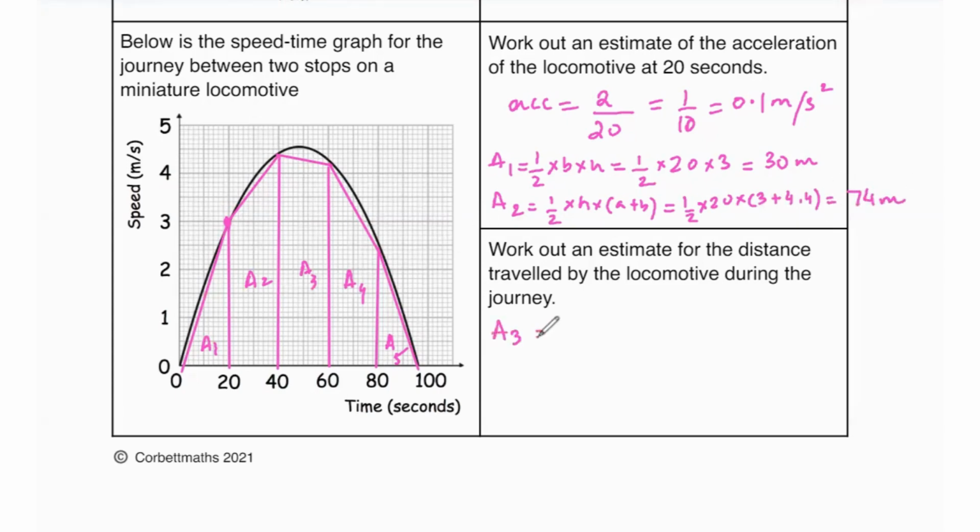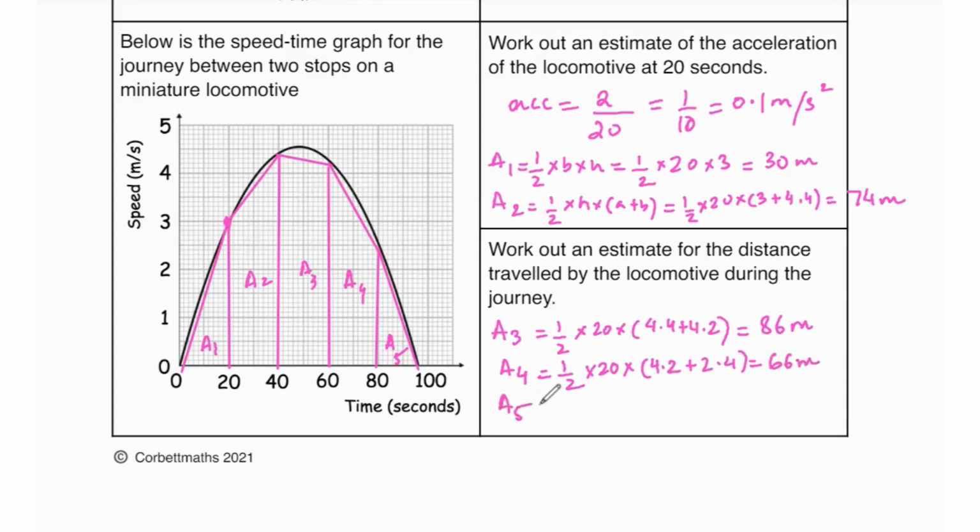Then for the third portion, A3, it's going to be 1 over 2, height is 20 again, and parallel sides are 4.4 plus 4.2. That's going to give us 86. A4 is going to be 1 over 2 times 20 times 4.2 plus 2.4. That's going to be 66.